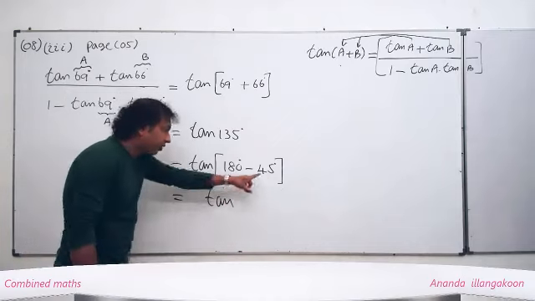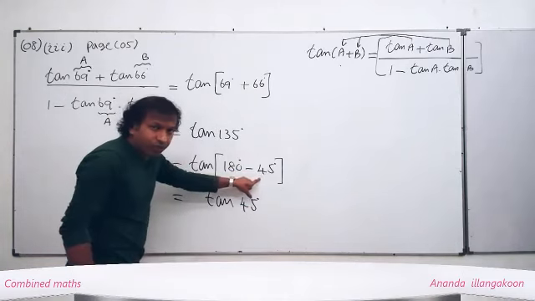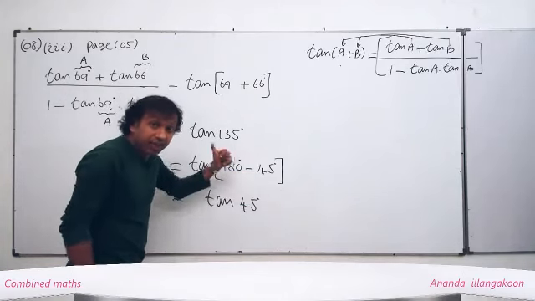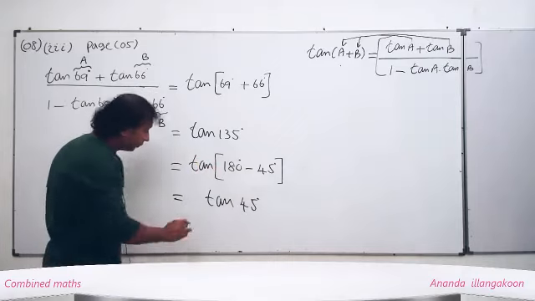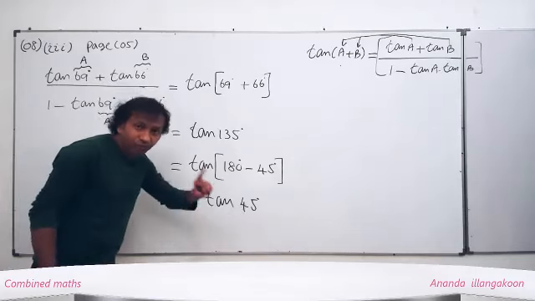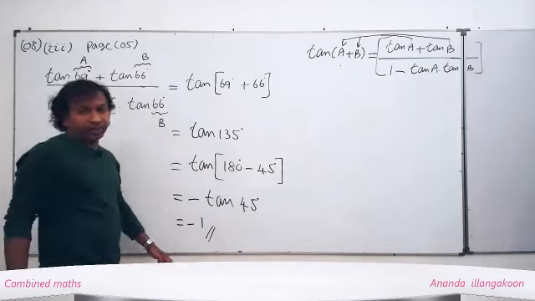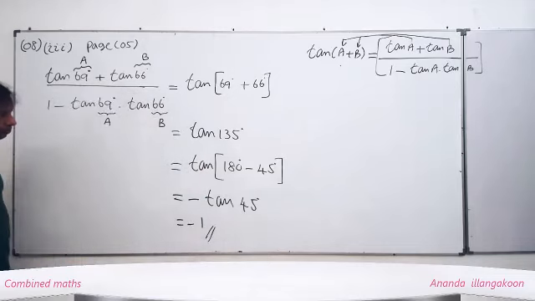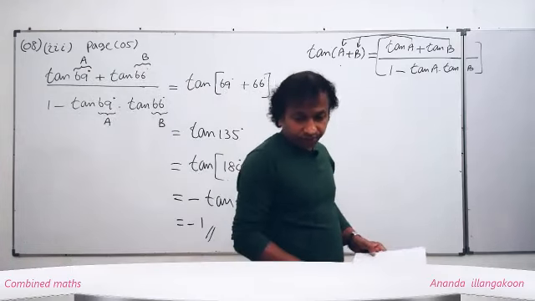Tan what, people? The second angle. But where is this 180 minus 45 angle? People, in the second quadrant. In the second quadrant tan is negative. We get minus. And then tan 45 we know is 1. Then we get minus 1. This is how we get that answer. Right, people, that's how we get this answer.